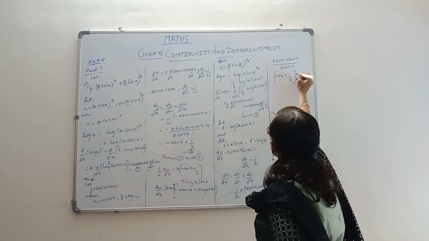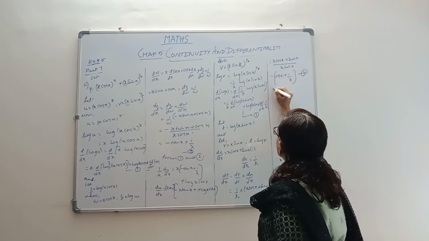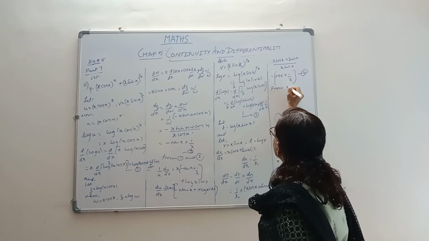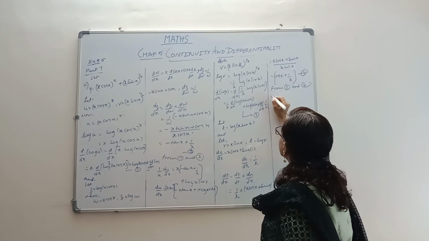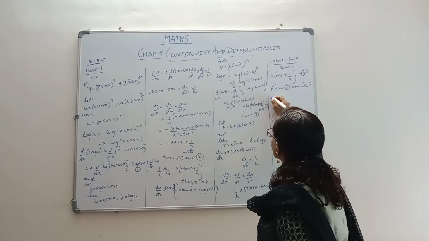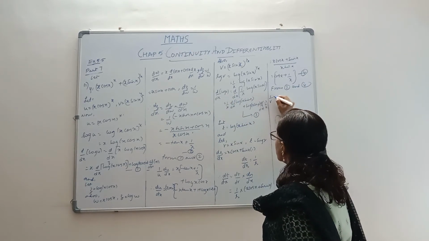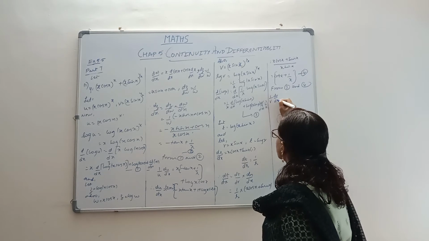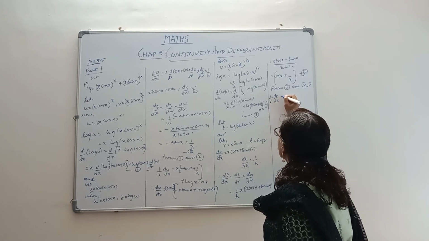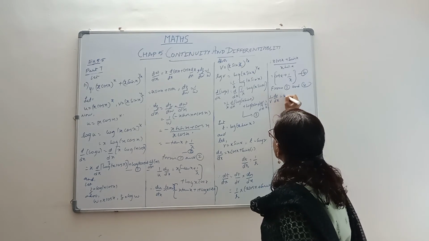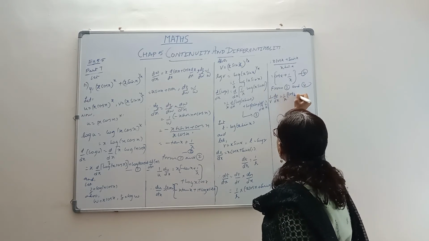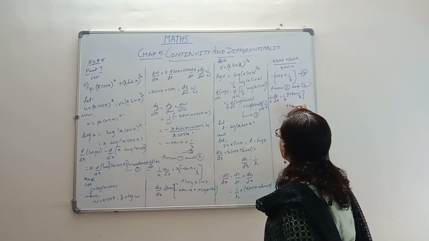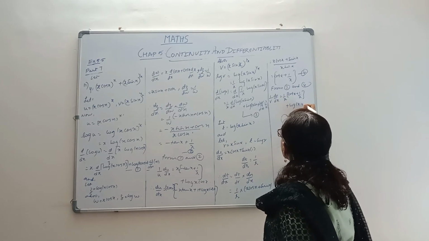That is dt by dx, which we can call 4. So when we match up 3 and 4, we are able to get dv by dx. Log v with respect to v is 1 by v, and because it is with respect to x, we write dv by dx. Now we have 1 by x, and the log x sin x derivative is cot x plus 1 by x, and here we have log x sin x.